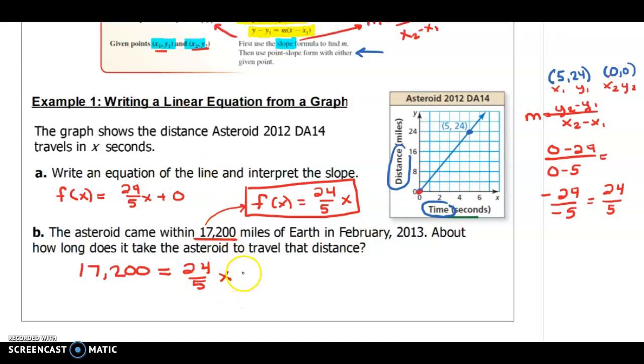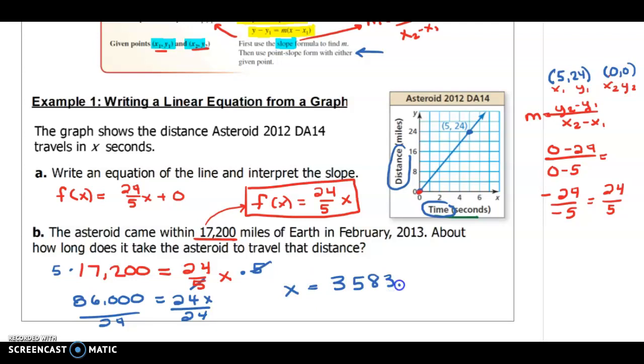Now to get rid of this fraction, let's multiply by 5 on both sides. Those go away. So we would get 86,000 equals 24x. Divide by 24. I get x equals 3583.33, and that is seconds.